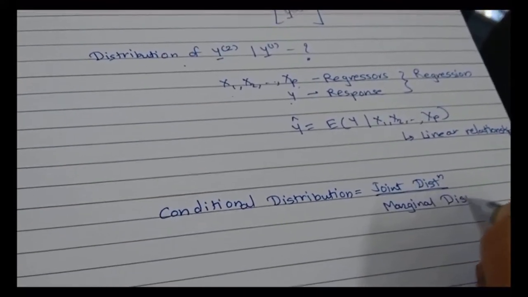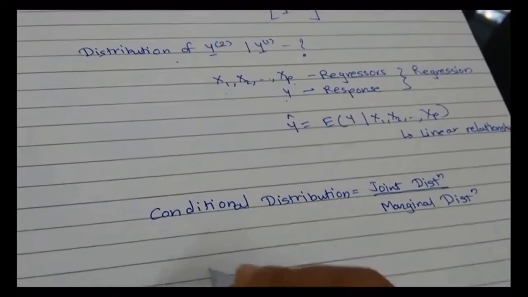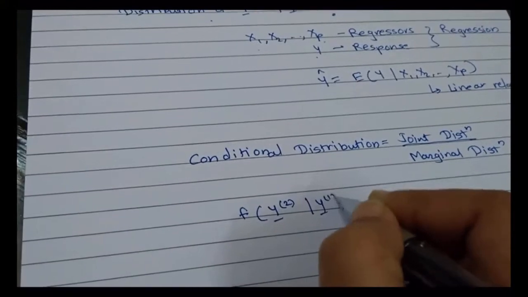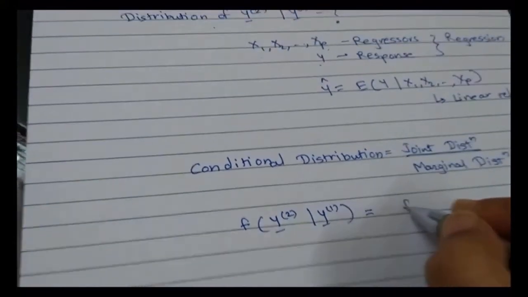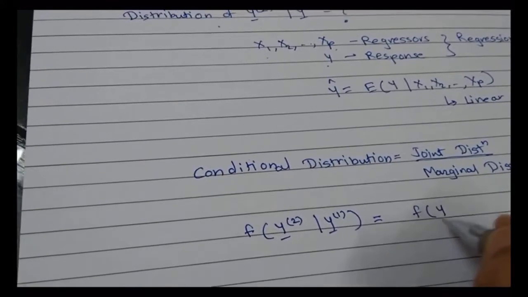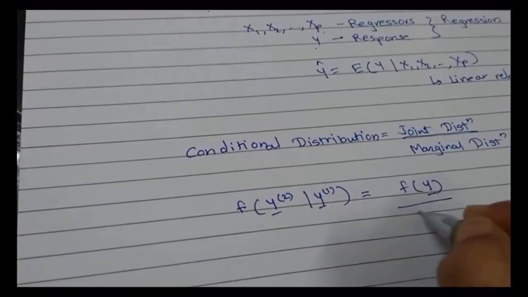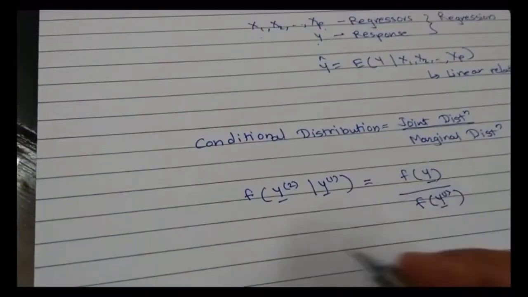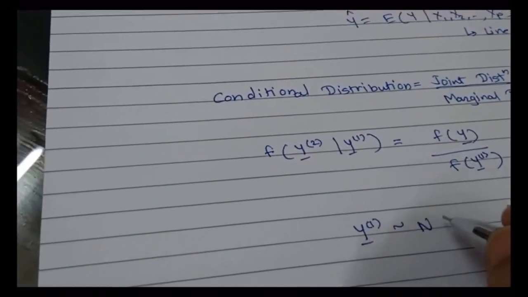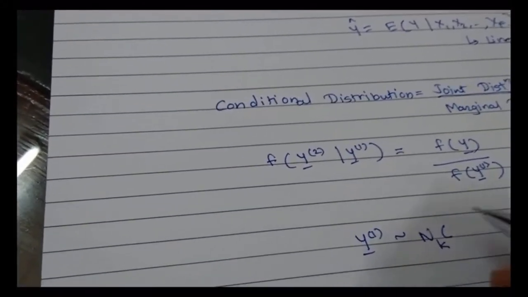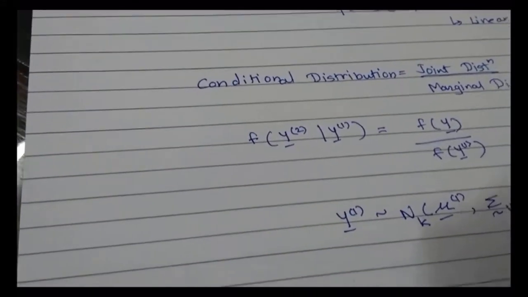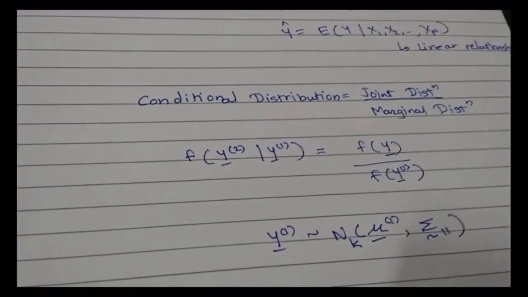So if I want to extend the same result here, I can write the PDF of y2 given y1 is the same as the joint PDF of y1, y2, which would actually be the PDF of vector y, upon the PDF of y1. We know that y1 is, yesterday we saw the distribution of a subvector, k-variate normal with mean mu1 and variance covariance matrix sigma 1 1. Okay, so this we know.